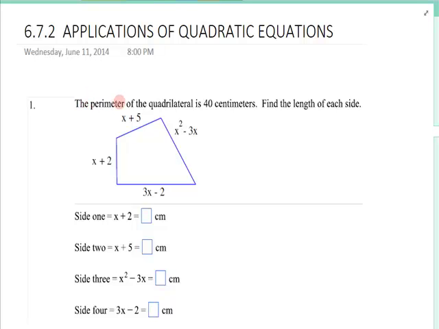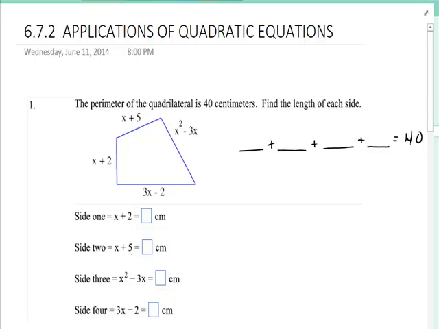It says the perimeter, which means distance around, of the quadrilateral, a four-sided figure, is 40 centimeters. Find the length of each side. Okay, well, let's see what we've got. Perimeter. Well, there are four sides. So blank plus blank plus blank plus blank have to add up to be 40.